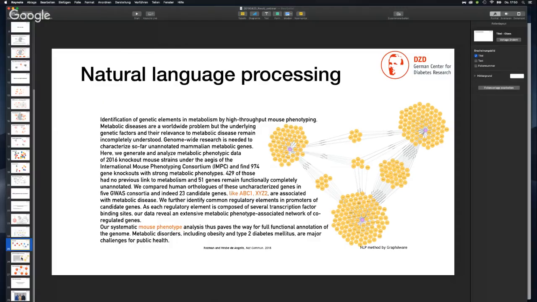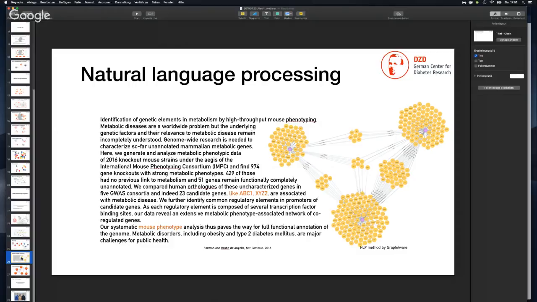A very new prototype we built is based on natural language processing, which I guess most of you have heard about. We want to understand a large amount of text so that we can learn from these texts and gather information.